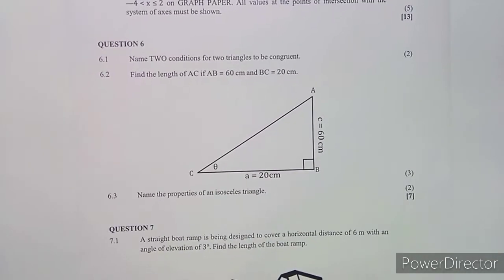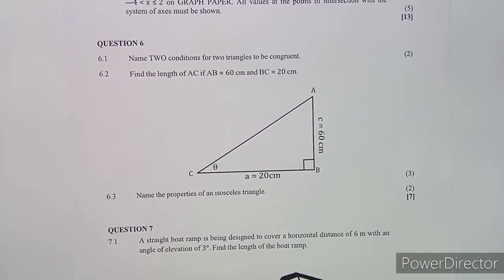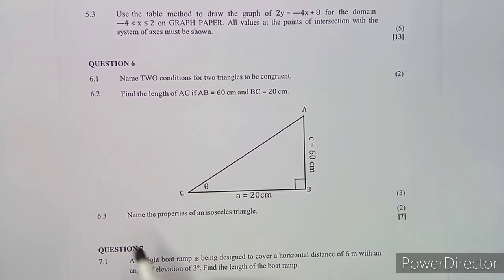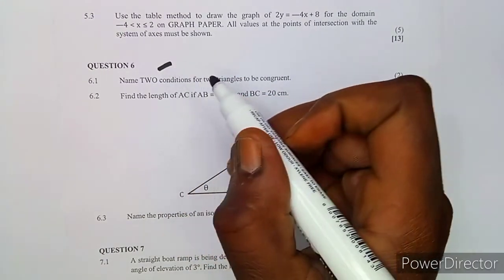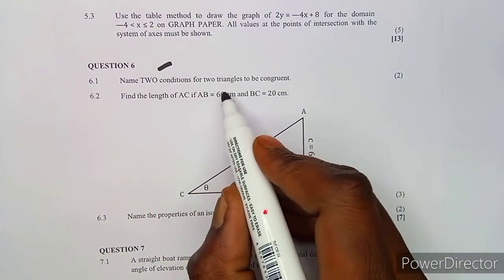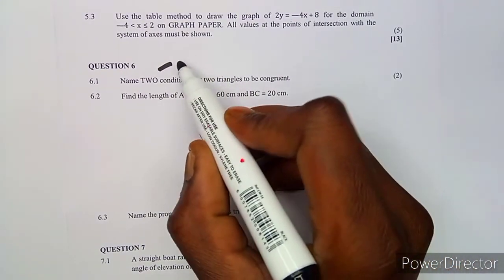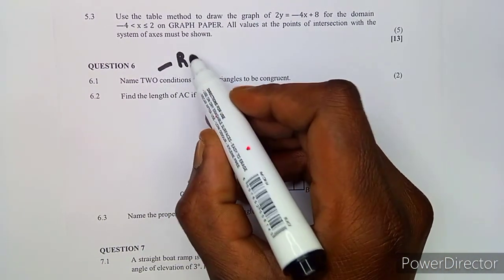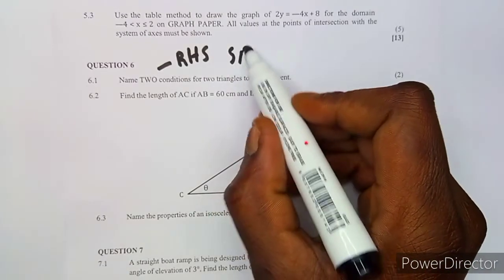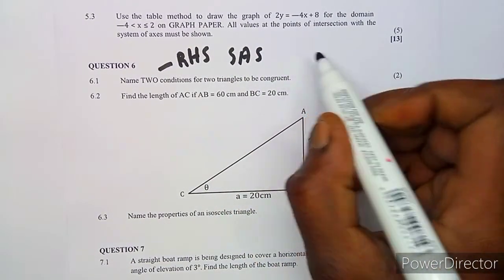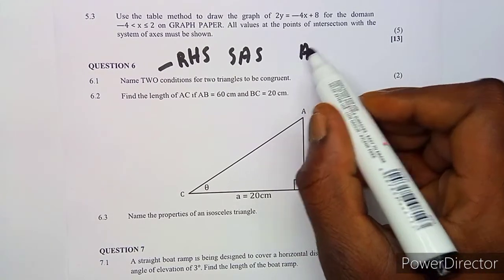Okay, on 6.1 we are asked to name 2 conditions for triangles to be congruent. We talked about this. We can have RHS, we can have side, angle, side, we can have angle, side.